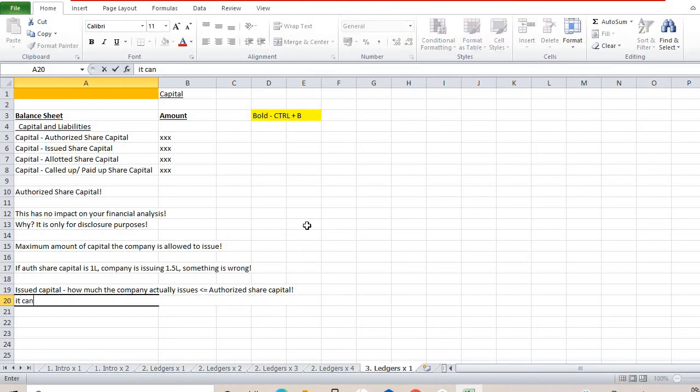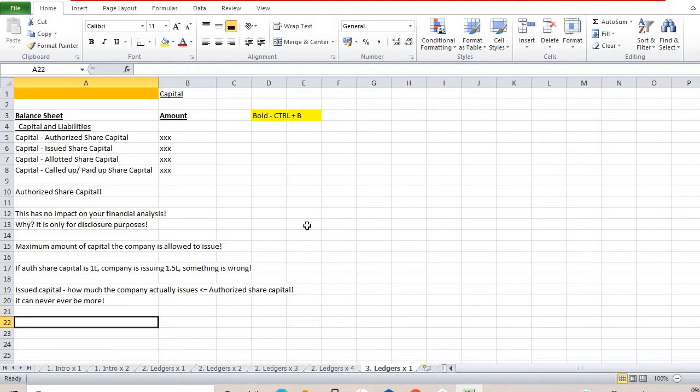It can never ever be more. So what does that mean? That basically means that you have authorized share capital, and under that you have something called issued share capital, which is a lower amount, a smaller amount, or an equal amount, but it can never be more.